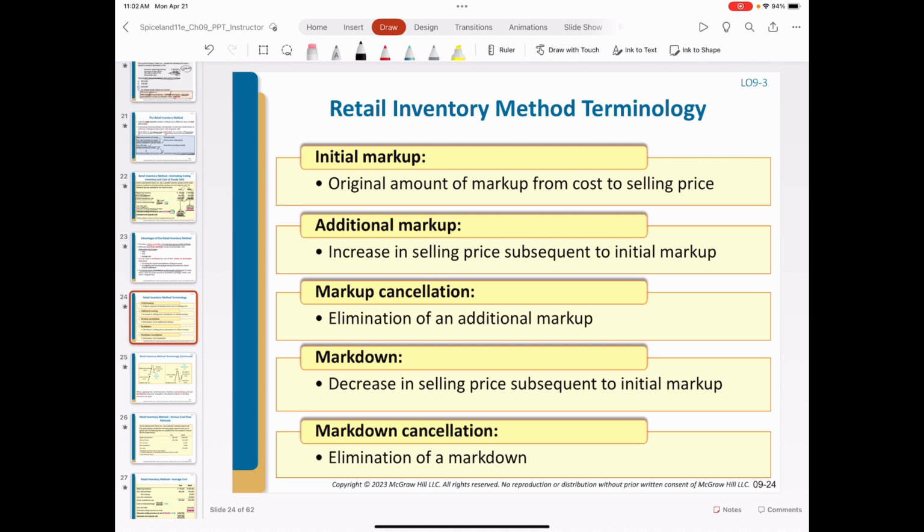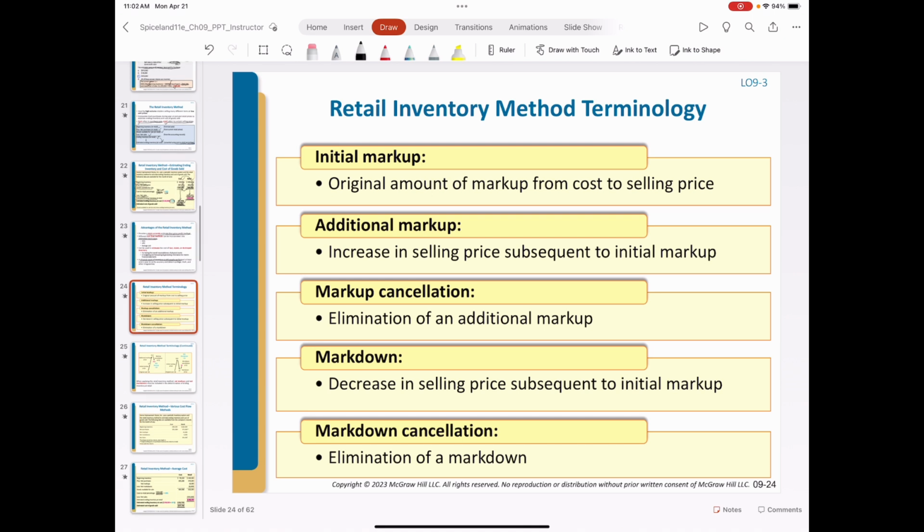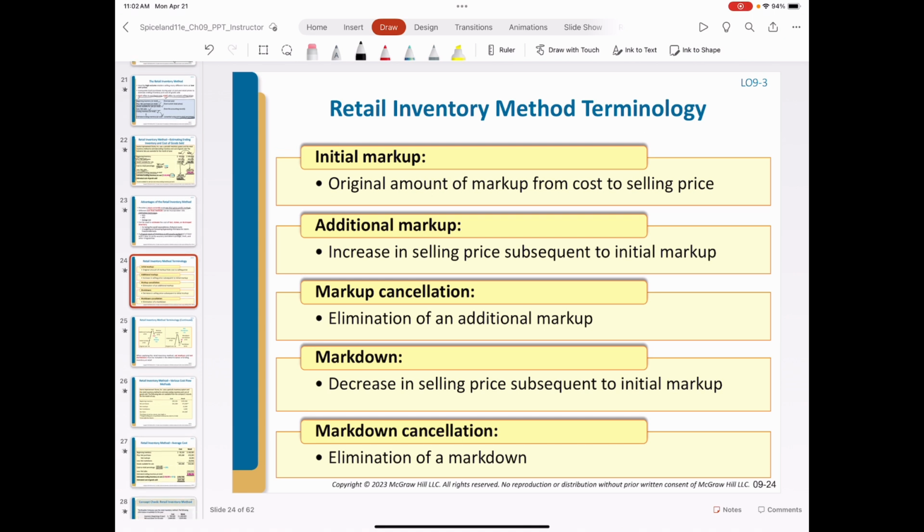There are some other factors we should consider when we apply the retail inventory methods. The retail value may change because the seller may provide a promotion or may mark up the price or retail value of the inventory. So here are terms you should know.